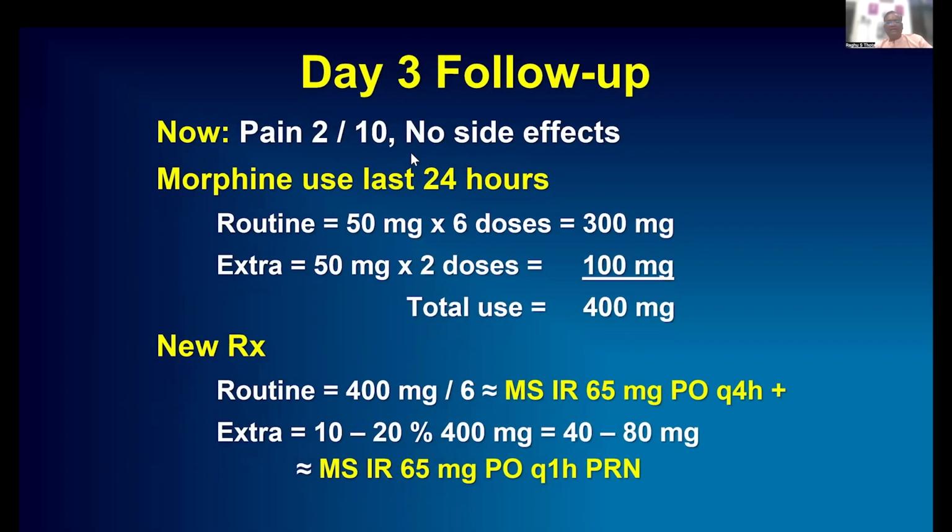Day 3, he comes with pain 2/10, no side effect. So 2 is a very good pain control. So if you see, he has taken 6 doses, 300 milligrams, 2 extra doses, 100 milligrams. So total use is 400 milligrams. So 400 milligrams, you divide it by 6, it comes to 65 milligrams every 4 hourly, and then 65 milligrams Q1 hourly. I hope you are understanding this.